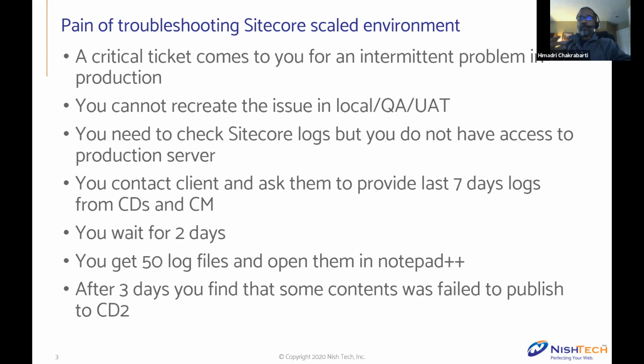You get them after some time, from all environments and all servers, probably 50 log files to look at. After 2 days you find that some Sitecore item was not published to a particular CD server.